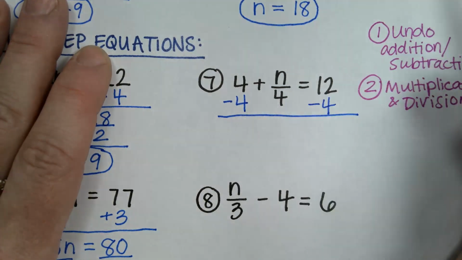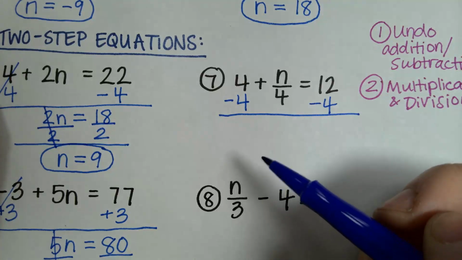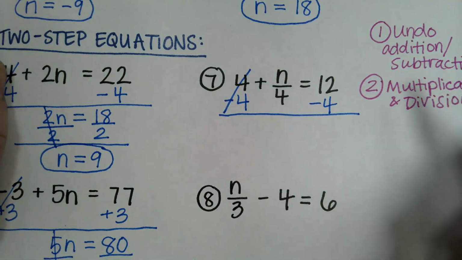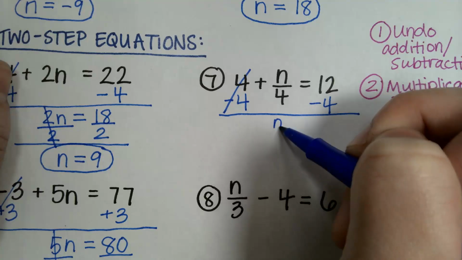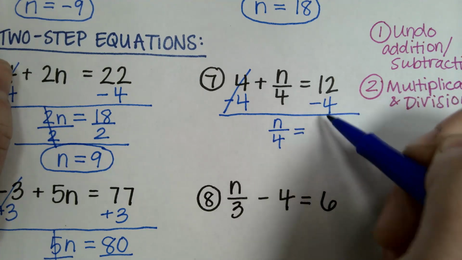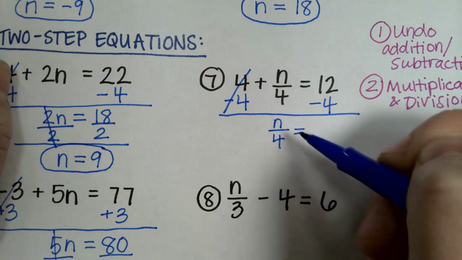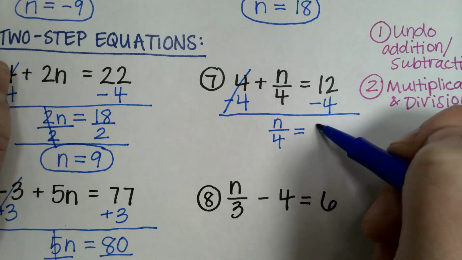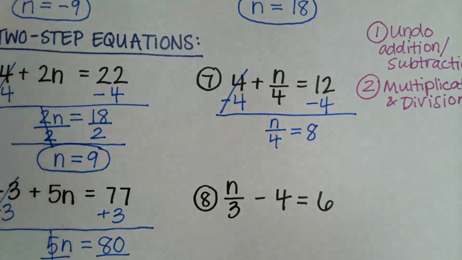Good. Okay, what happens next? Yep, we're going to cancel my 4's, then what? Bring down n over 4 equals 12 minus 4 is 8. Perfect. All right. What next?